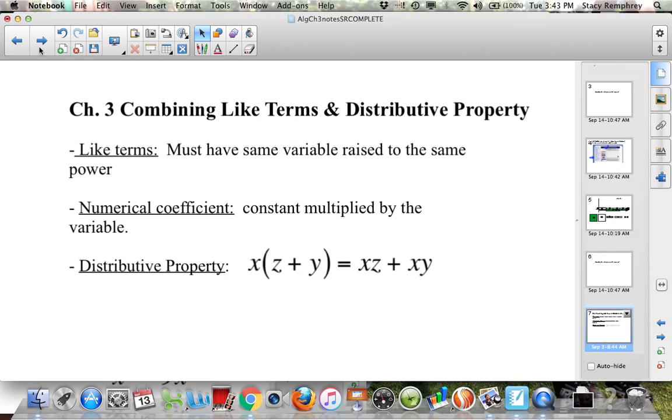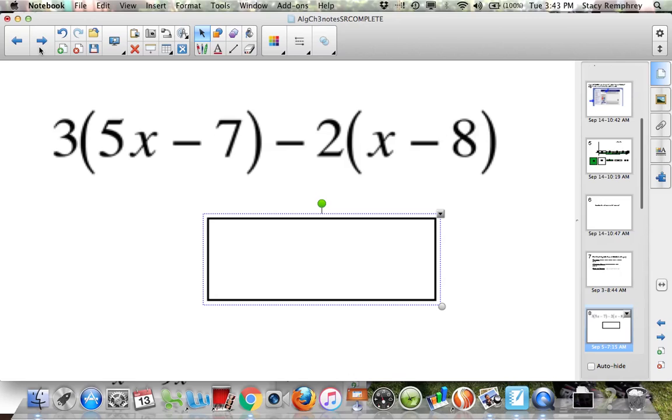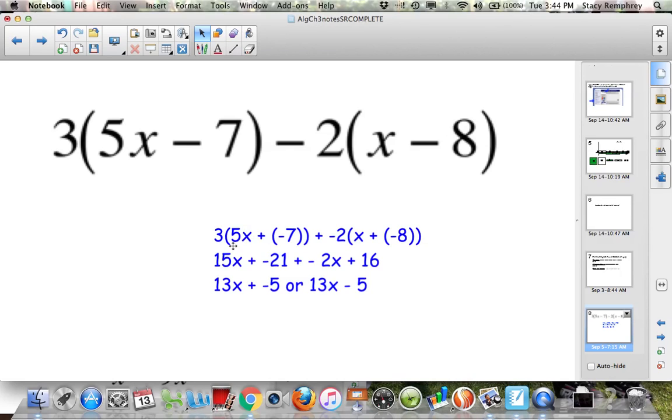So we talked a little bit about these vocabulary words and properties. And then I'm going to ask you to push pause for just a moment and try to simplify this expression using the distributive property and combining like terms. Okay, one way to look at this step right here, you don't have to do this.